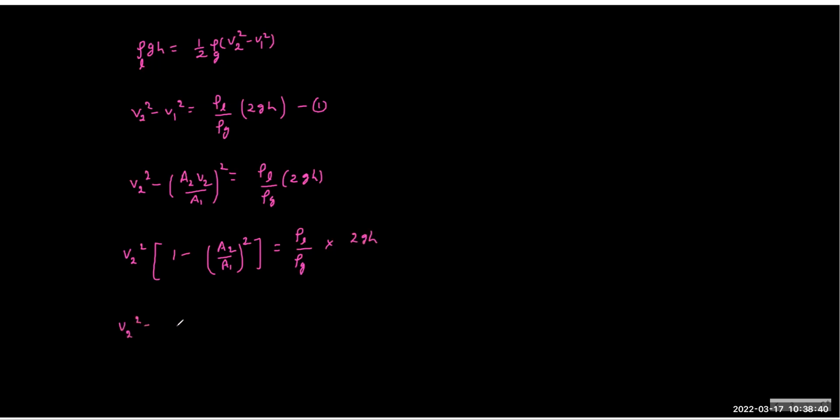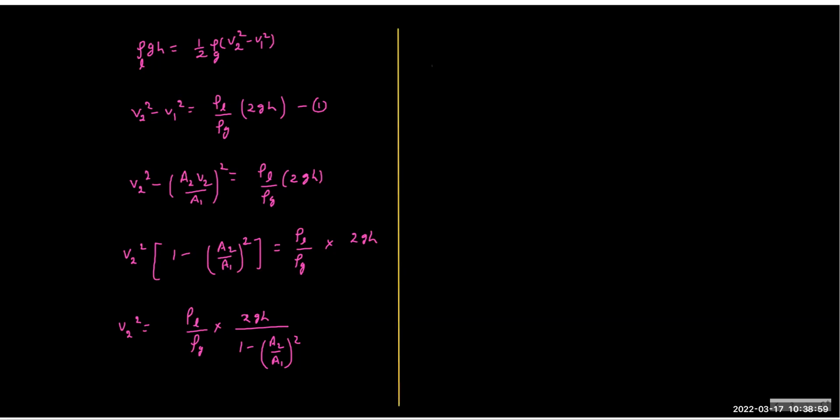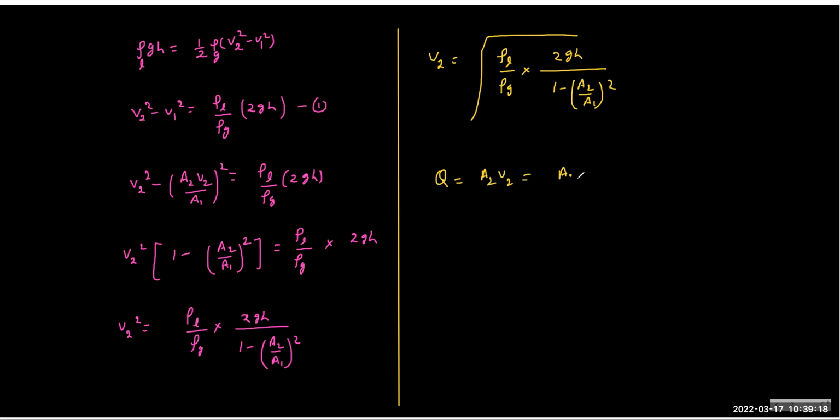So V2 square turns out to be, so we got V2 equals under root of rho liquid by rho gas into 2gh upon 1 minus A2. And the discharge flow rate will be A2 V2, so you can add A2 under.